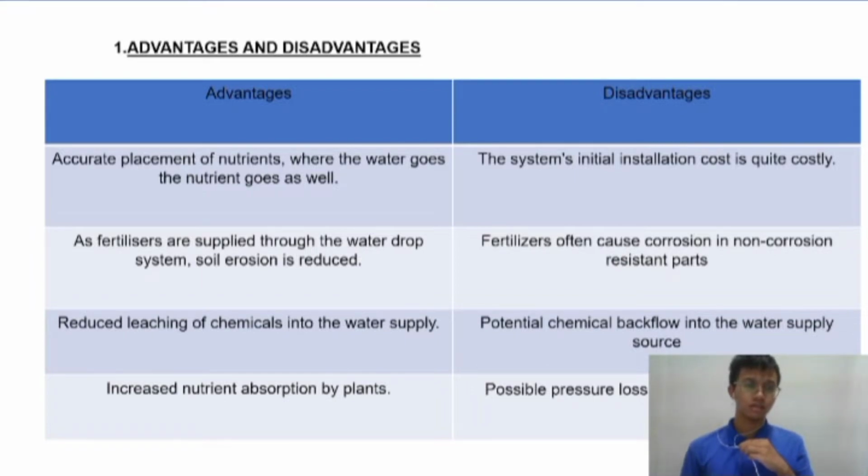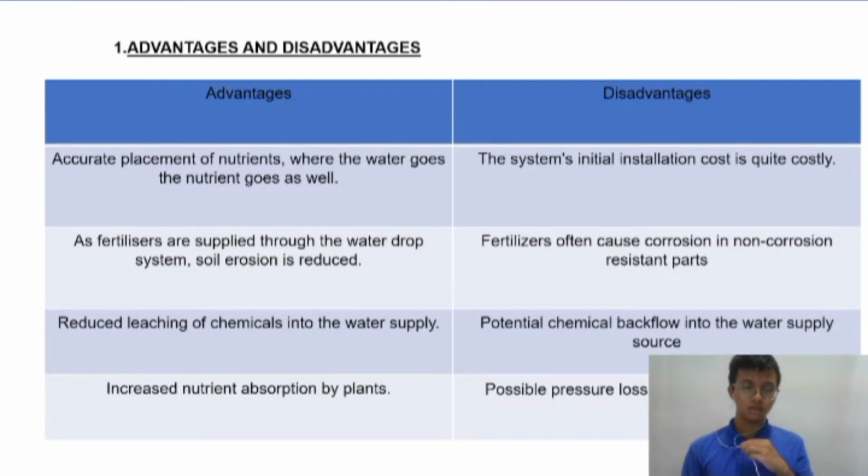Now I want to talk about the advantages and disadvantages of the hanging fertigation. First, we talk about the advantages. The first one is accurate placement of nutrients, meaning where the water goes, the nutrients go as well.